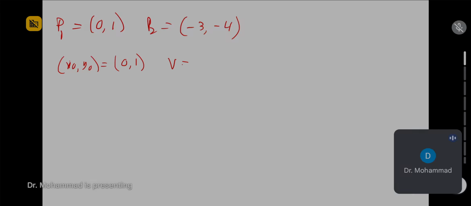And the vector v is our position vector between the 2 points P1 and P2, that is v equals P1P2, and that is -3 minus 0, that is -3, and -4 minus 1, and that is -5. So now this is our AB, because we have a 2-point AB.